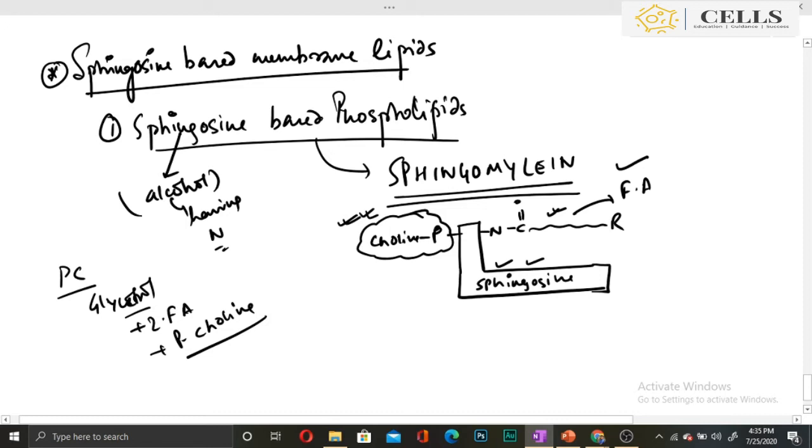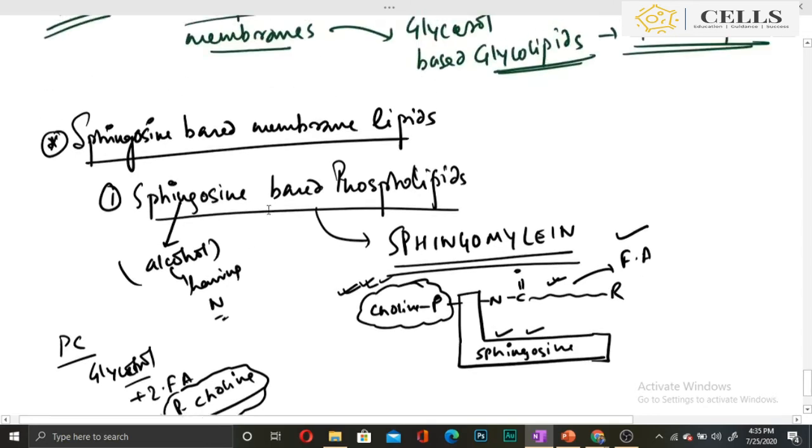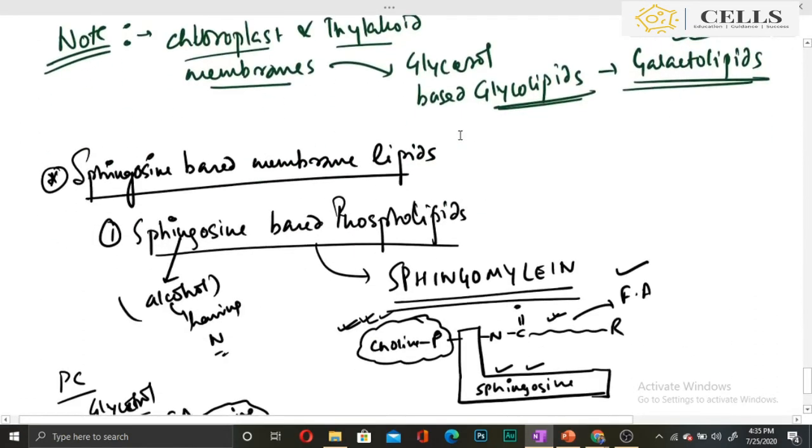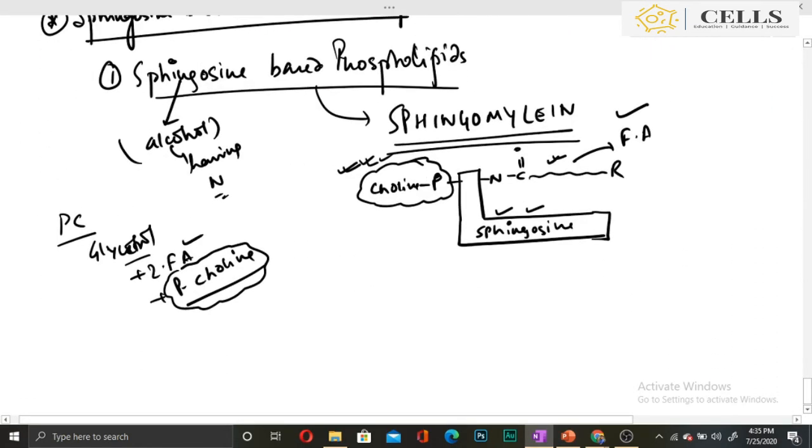Phosphatidylcholine was present mostly at the exoplasmic phase because it has a phosphocholine group. Sphingomyelin, as it has a phosphocholine group, is also facing the exoplasmic phase mainly. So here two fatty acids, here one fatty acid.